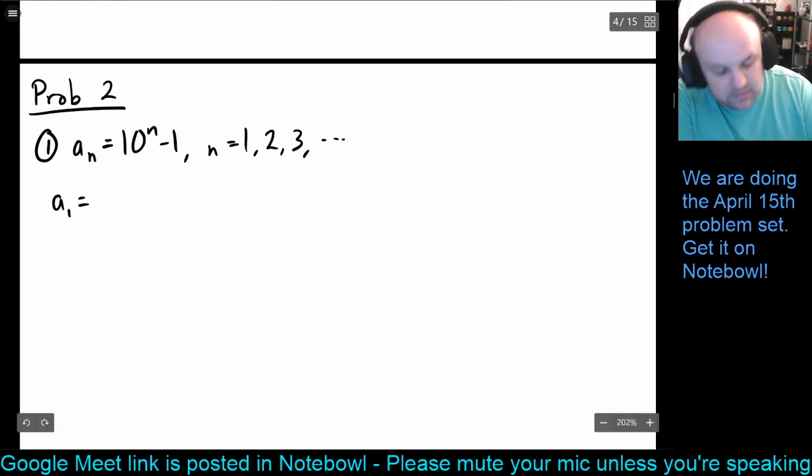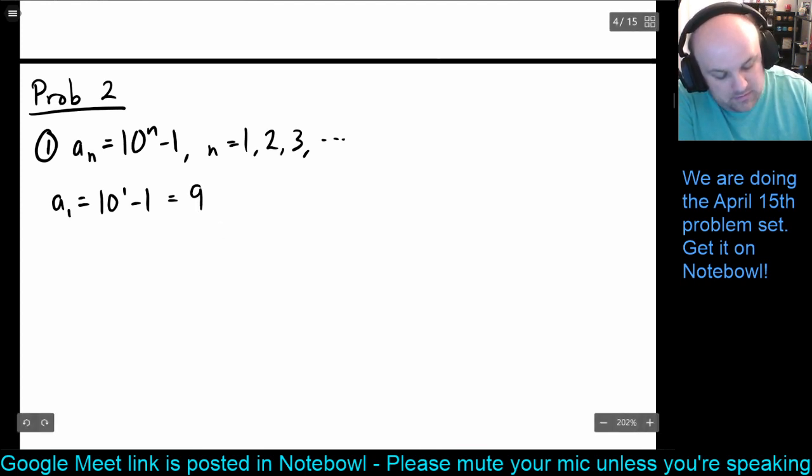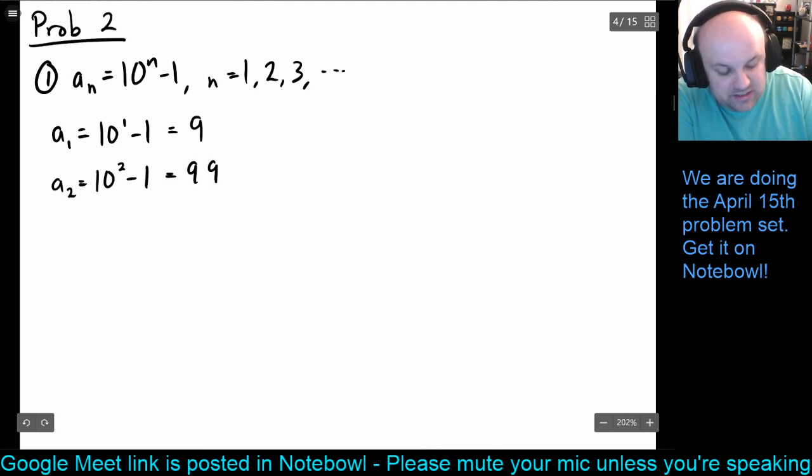So a1, if we plug in n equals 1, we get 10 minus 1, which is 9. A2 is 10 squared minus 1, which is 99. A3 is 10 cubed minus 1, which is 999.